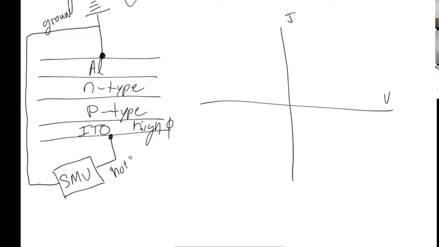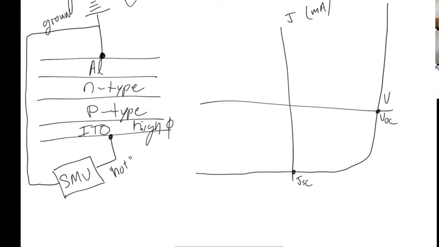And the particular points of intersection here are the open circuit voltage and the short circuit current density. Current density is usually given in something like milliamps per square centimeter, and the voltage is given in units of volts.